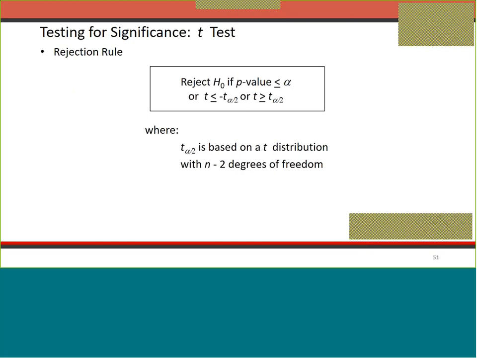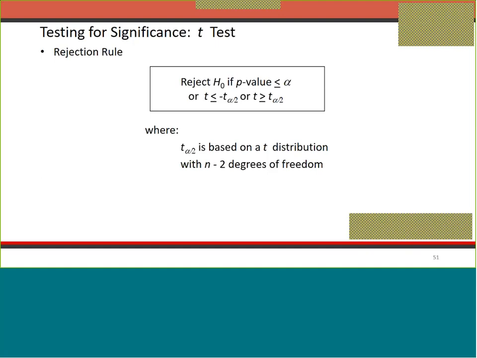We are doing this test to check whether there is a relationship between x and y or not. Beta 1 equal to 0 says there is no relationship; not equal to 0 says there is a relationship.